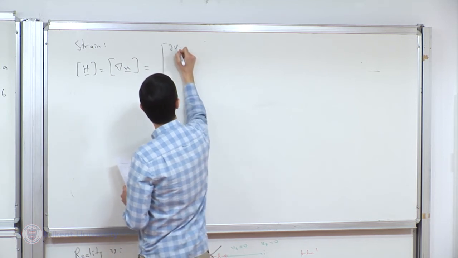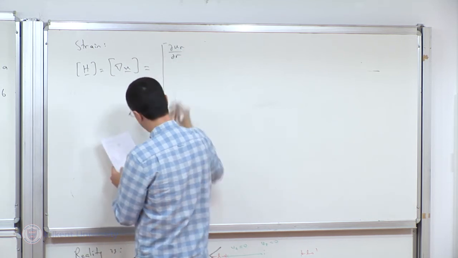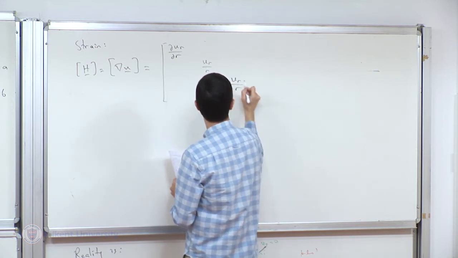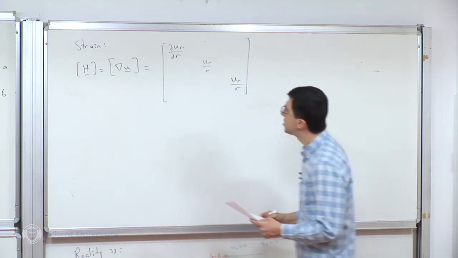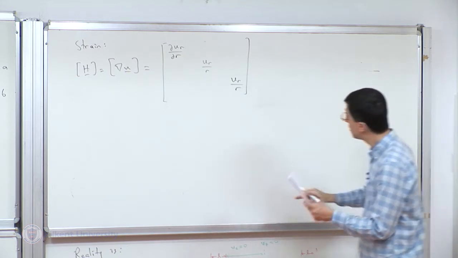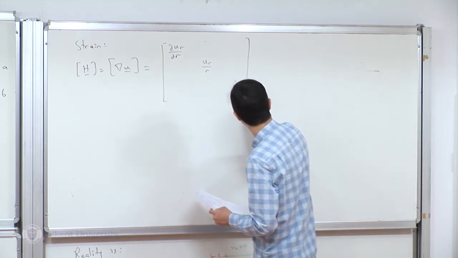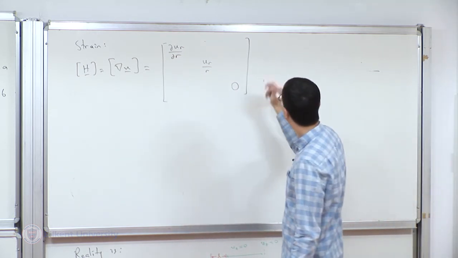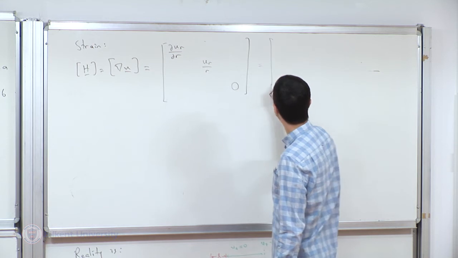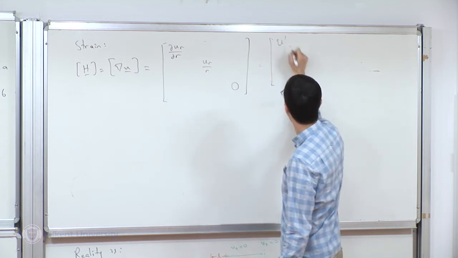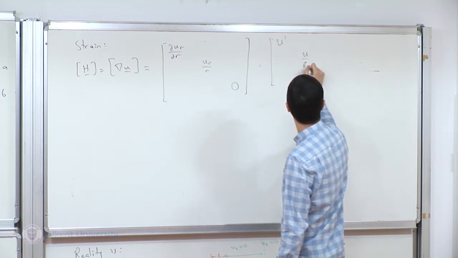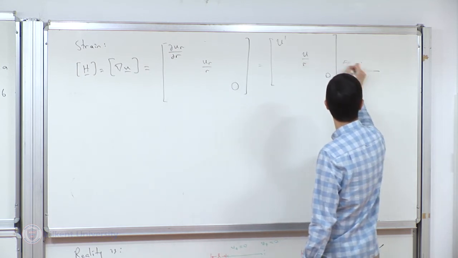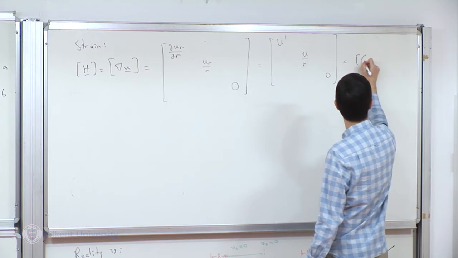Okay, so as usual, I'm writing the non-zero components of the displacement gradient in a cylindrical coordinate system. The last one is 0. So in our case, it's equal to u prime, u over r, and 0. And because it's diagonal, again, it's equal to the strain.